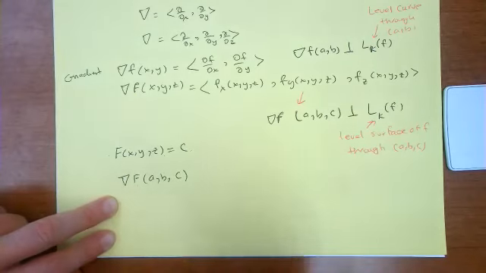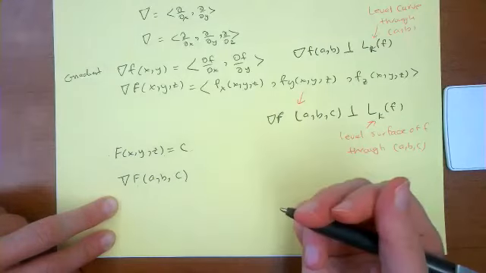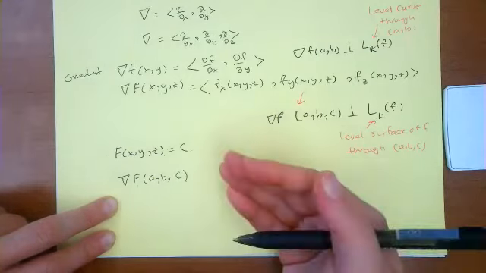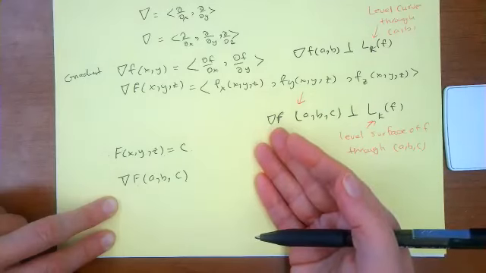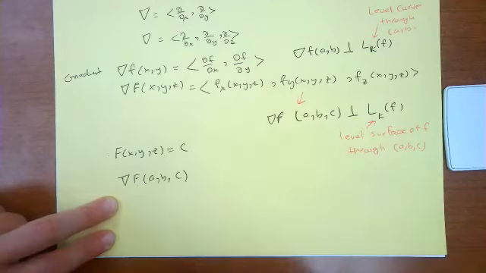So that tells me that if the tangent plane exists, then this is going to be perpendicular to the tangent plane.